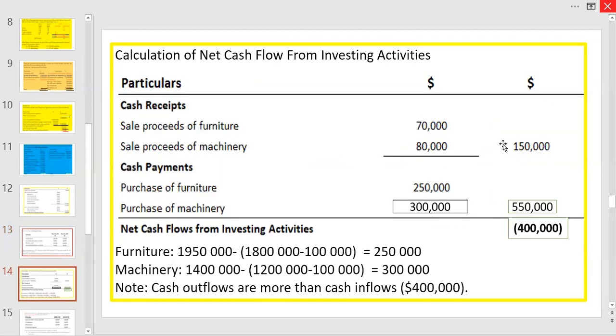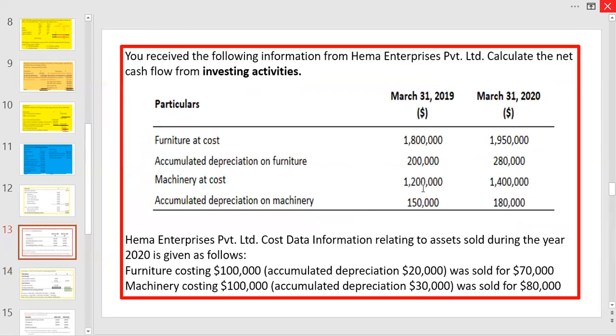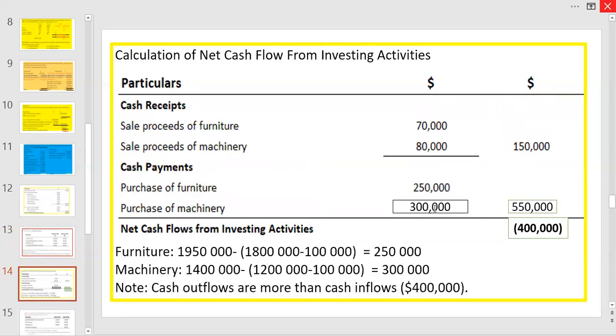Obviously, there is a new purchase of 250. Machinery of 1,200. After selling 100, it will be 1,100. Moving to 1,400 gives a new purchase of 300. Total outflow of 550 as against inflow of 150 gives a net flow of negative 400.